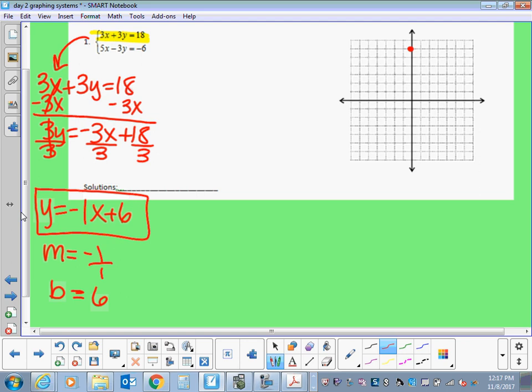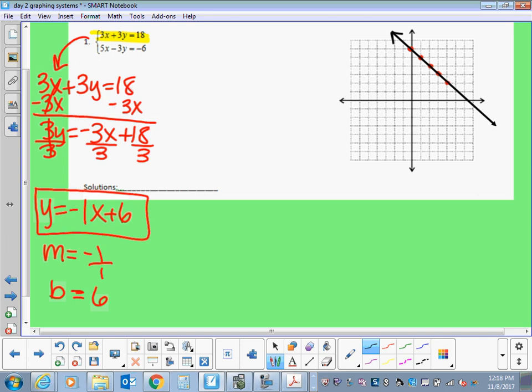That's my y-intercept of positive 6. My slope tells me I'm going down 1 over 1, down 1 over 1, the whole way. So down 1 over 1, there are my points. As I said, if you want to put this into your calculator, go for it. Do you have to? No.